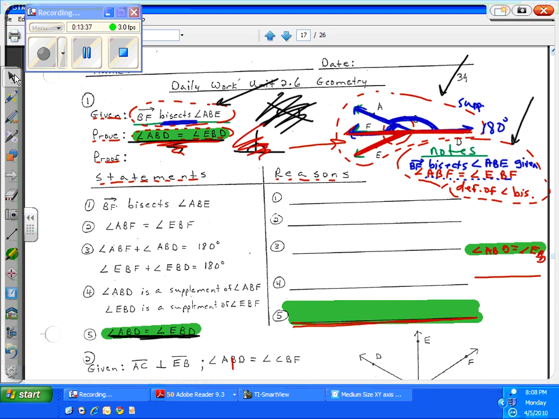And so that's a linear pair. And so those are supplementary, this little one and that big one. And we know that this angle is equal to this angle. So we have supplements of equal angles. And so it seems like we're going to use the theorem we just learned, supplements of equal angles are equal.